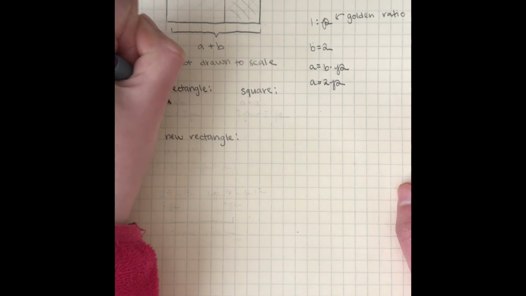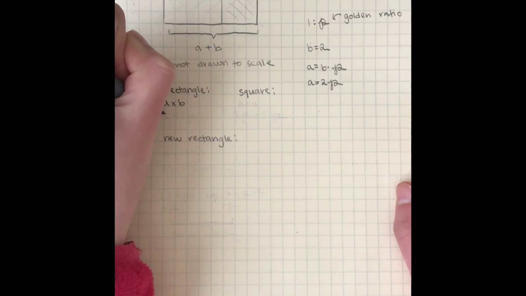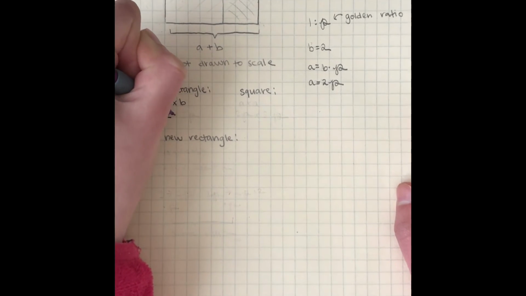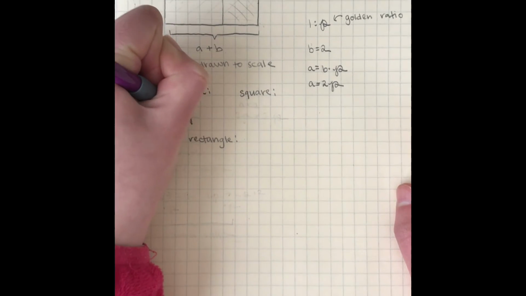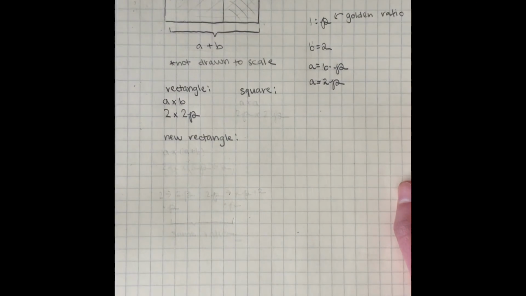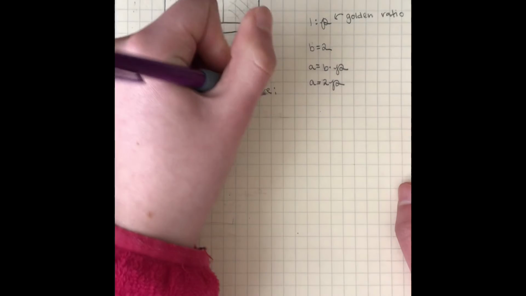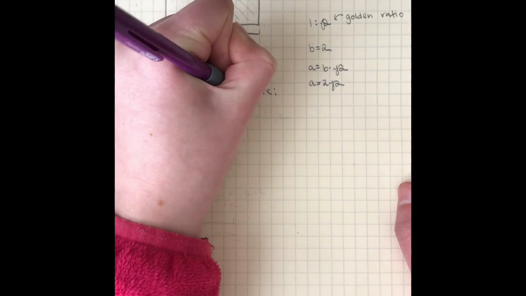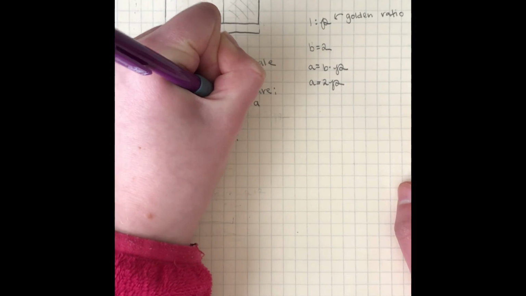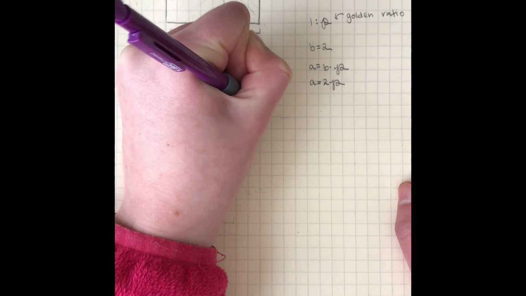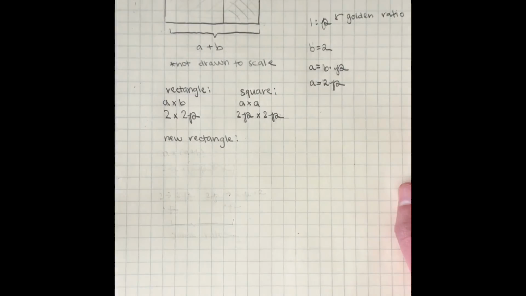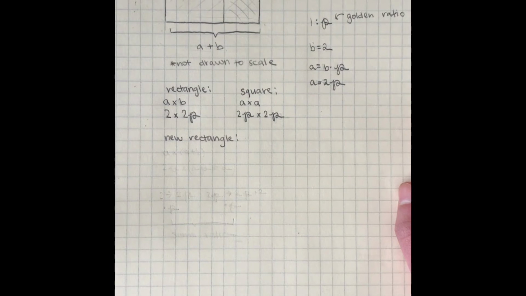Now let's plug this in for a rectangle and square. The rectangle's dimensions are A times B, thus the numeric dimensions would be 2 times 2 phi. The square's dimensions would be A squared, thus the numeric dimensions would be 2 phi times 2 phi, or 4 phi squared.